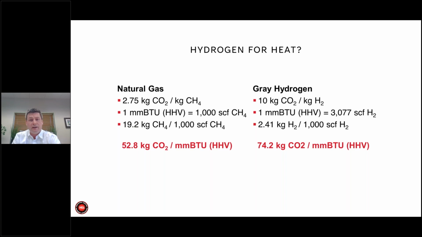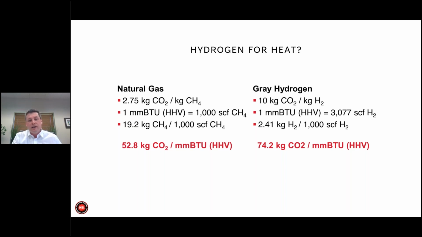But right now, because you're making hydrogen from natural gas, it's going to have a higher carbon footprint when you burn it than natural gas. It just goes to reason. So if you're blending hydrogen into your natural gas line, you just increase your carbon footprint, and if your goal is to reduce carbon footprint, you're not doing it.